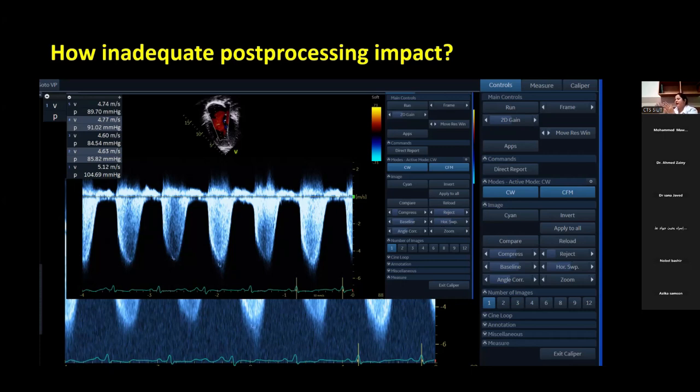So when you are playing with Doppler imaging, you have to be tweaking as per need, so that your exact measurement is not off, so that you neither underestimate nor overestimate.